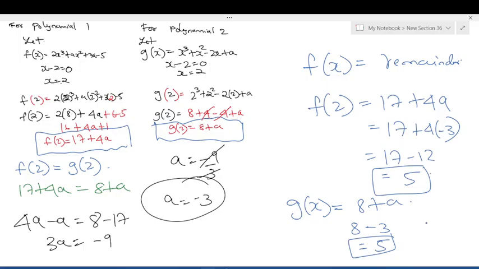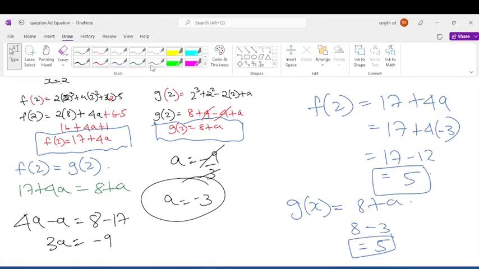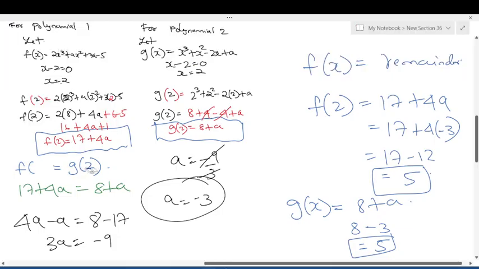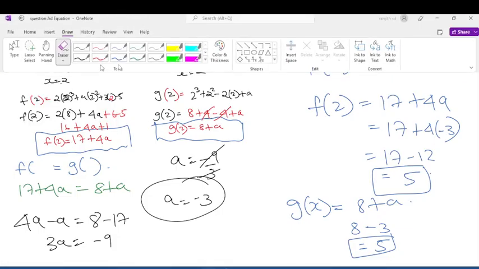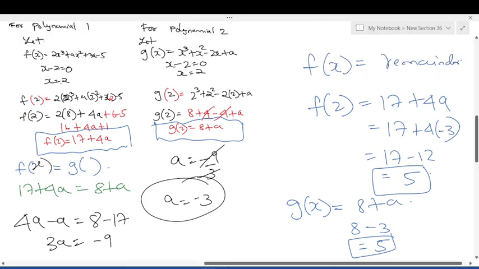So take two equations, polynomial 1 and 2, f of x and g of x. Once you find them, equate both. This concept is important. F of x is equal to g of x.